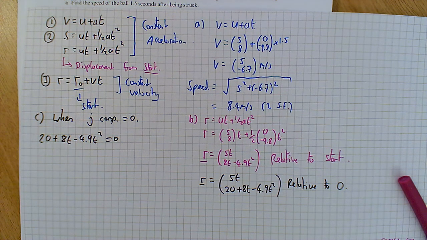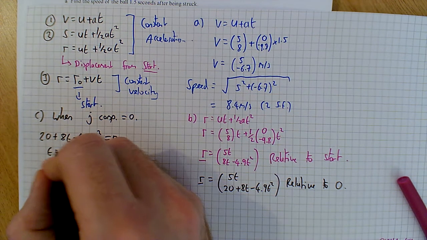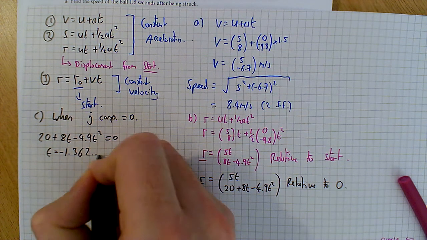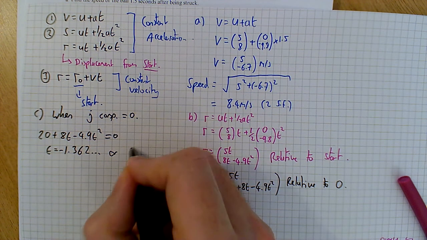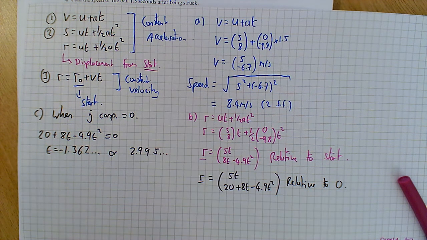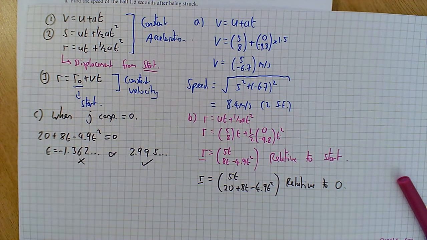Obviously that's not going to factorise. And I get two values of t. I get minus 1.362, etc. or 2.995. Obviously I'm not interested in the negative value, it's time, so I only want the positive value, which gives you the time for when we reach the ground.